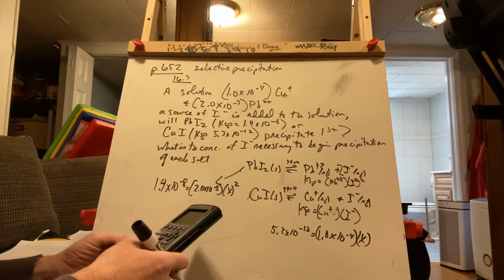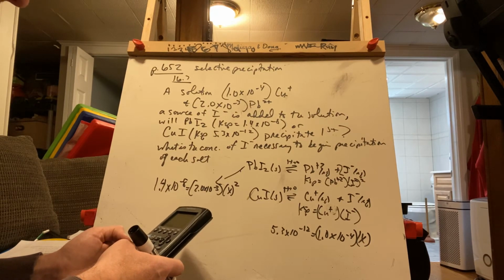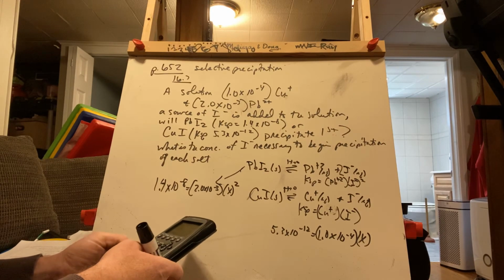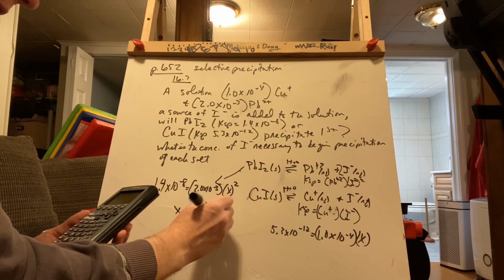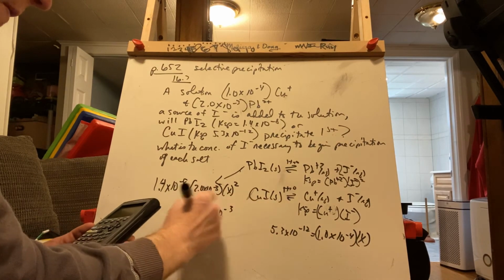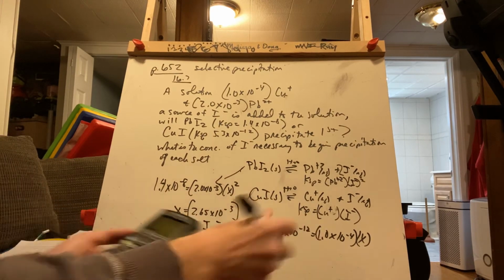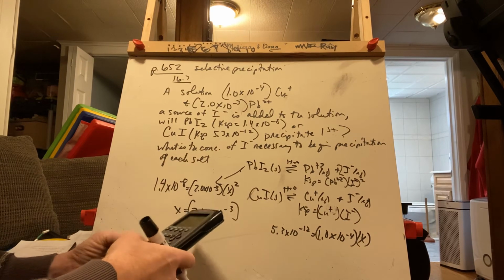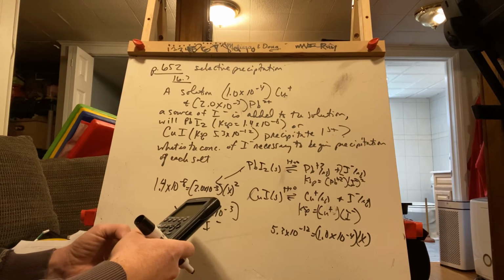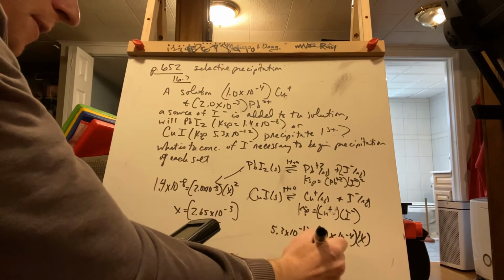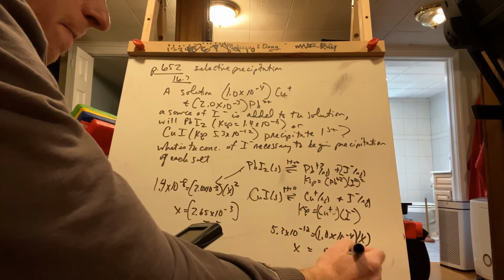So we take 1.4 times 10 to the negative 8th divided by 2 times 10 to the negative 3rd, and then square root it. I got x to be 2.65 times 10 to the negative 3rd as my concentration of I minus needed. And then for this one, 5.3 times 10 to the negative 12th divided by 1 times 10 to the negative 4th ends up being 5.3 times 10 to the negative 8th.